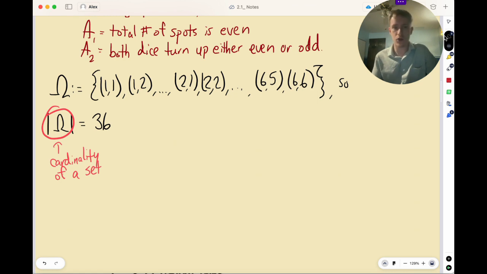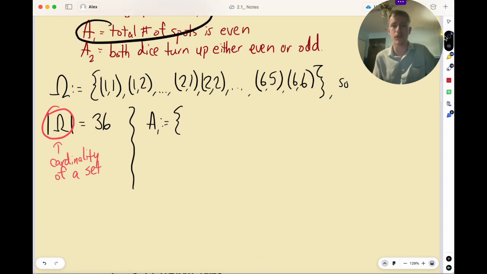Now, let's try to enumerate A1. What is the set A1? Well, the set A1 is all of the possible elementary events that lead to this outcome, which is that the total number of spots is even.